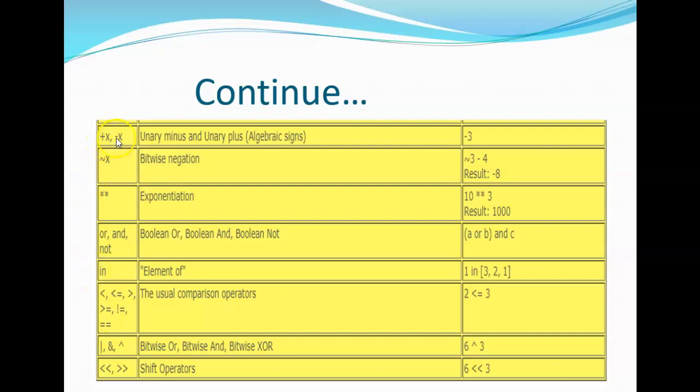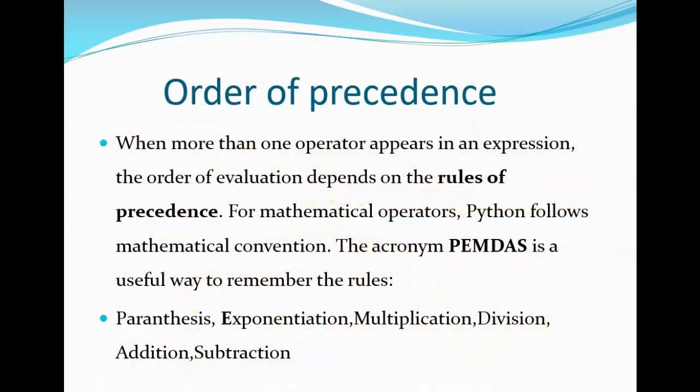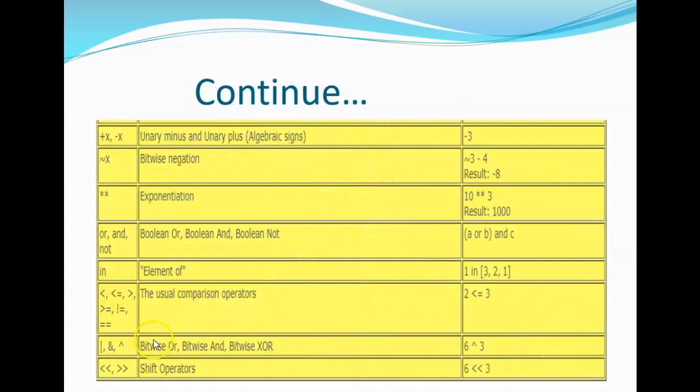There are also unary plus, unary minus, bitwise negation, exponentiation, boolean or, and element of in. Similarly less than, greater than, and so on. Bitwise or, bitwise and, XOR, and shift operators, right shift and left shift.